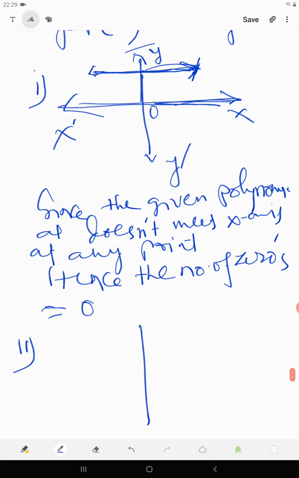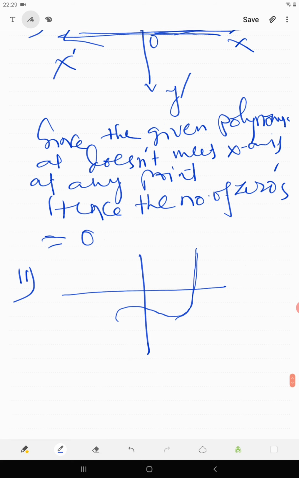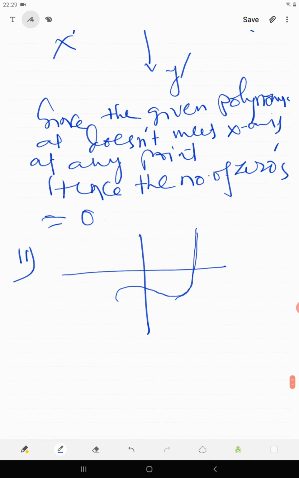It is like this. So you can see this graph is meeting at one point on the x-axis. True? So the given graph meets at one point on the x-axis.